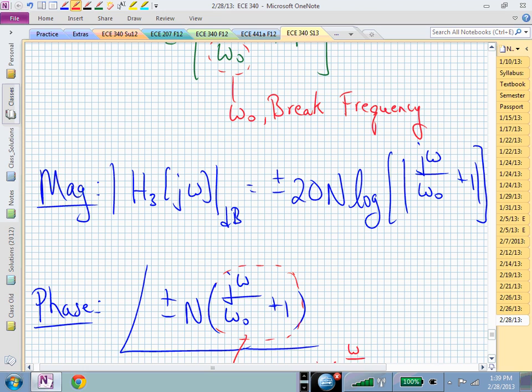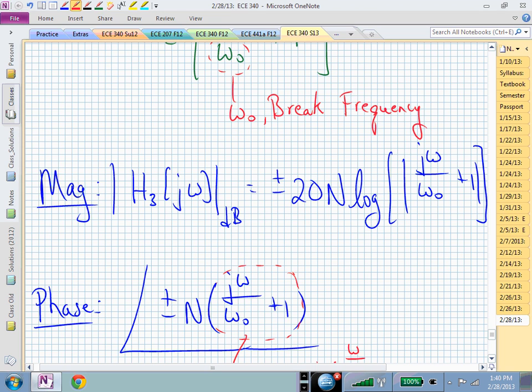What happens now a decade beyond? We know what happens right at the sweet spot. What happens a decade beyond that? Now we said that frequency is 10 bigger than omega naught. Now we have 1 plus J10. Which is the bigger piece, the real part or the imaginary part? Imaginary part. So let's throw away the real part.